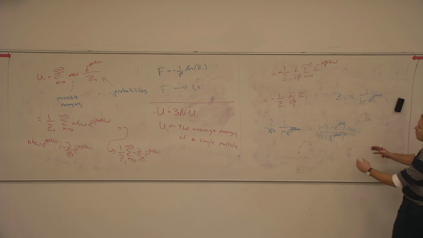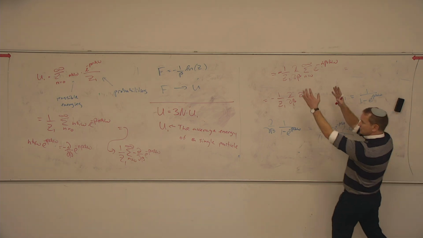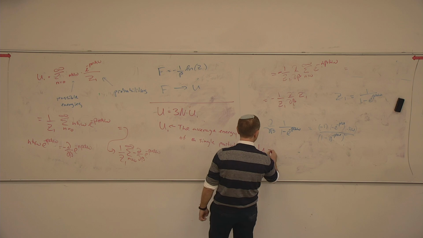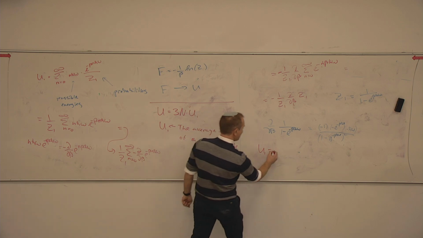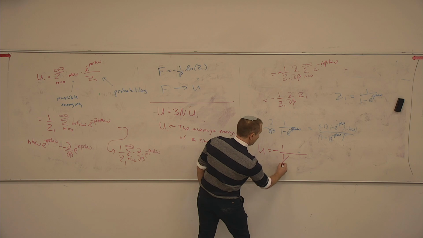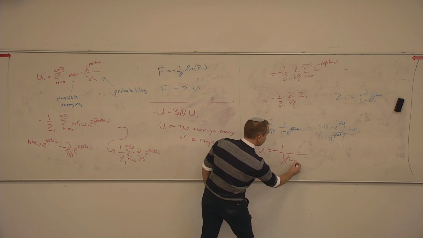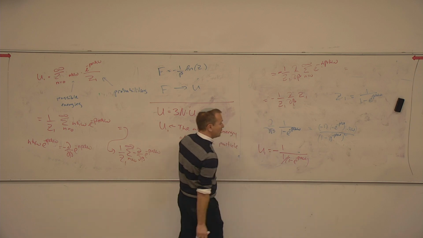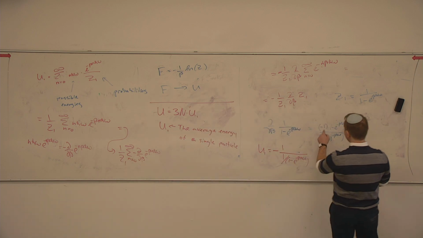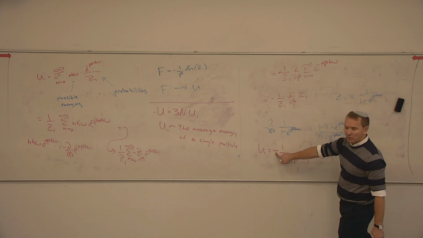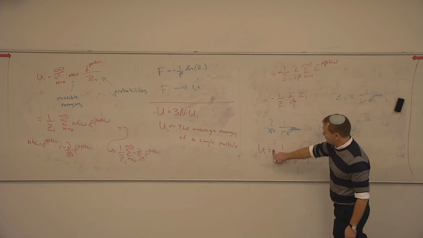Okay, so let's now put all of this inside this expression. We obtain that u1 equals minus 1 over 1 minus e to the power minus beta h bar omega multiplied by... so we have 3 minuses over here, and we have 1 minus from here, so let's delete it.